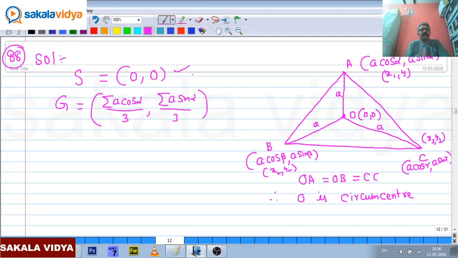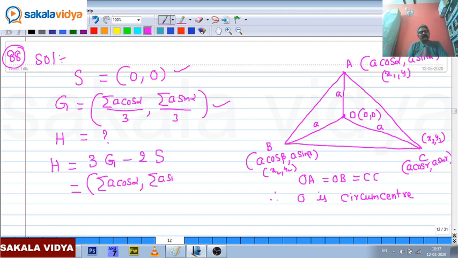As we know the circumcenter and centroid, orthocenter easily we can find out. So orthocenter is equal to, we have one formula, 3 centroid minus 2 circumcenter. This is the relation. So 3 times the x coordinate, 3 cancel, y coordinate 3 cancel. We get sigma a cos alpha comma sigma a sin alpha minus 2 into 0 comma 0.